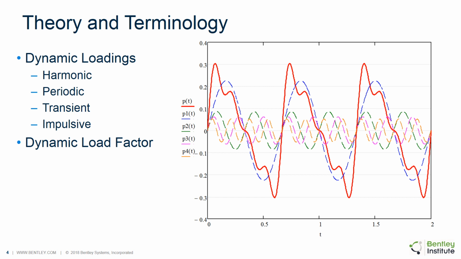Another type of dynamic loading is a periodic loading. An example of that would be the red line in the diagram here. And this type of load is repeating, but it's not sinusoidal, so it is repetitive from cycle to cycle. And then the next type of load we'll look at is a transient load, and this type of load is generally continuous, but it may or may not be repetitive.